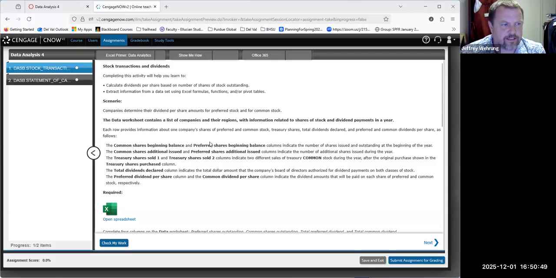The data worksheet contains a list of companies and their regions with information related to the shares of stock and dividend payments in a year. Okay, so we can look at this. This is the raw data. The common shares beginning balance and preferred shares beginning balance columns indicate the number of shares issued and outstanding.